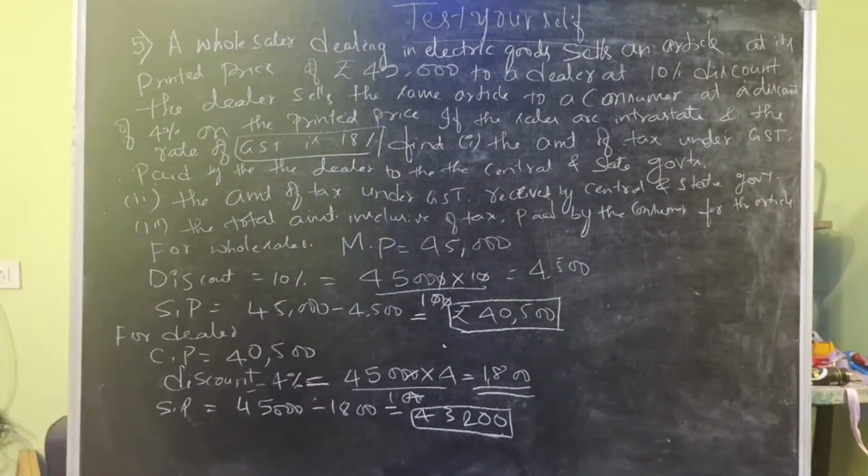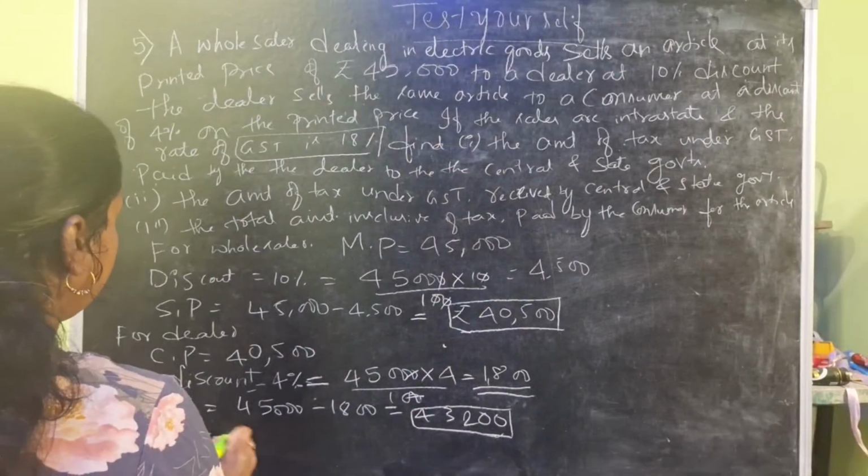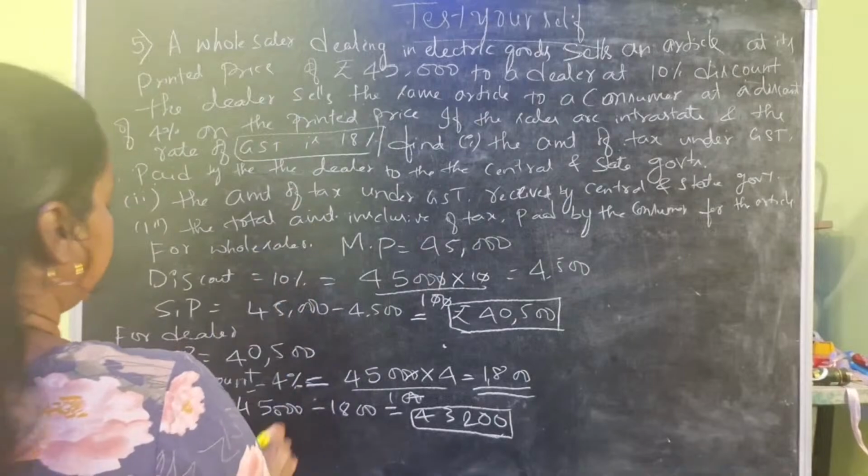Then CGST is equal to half of GST, that is 9%.